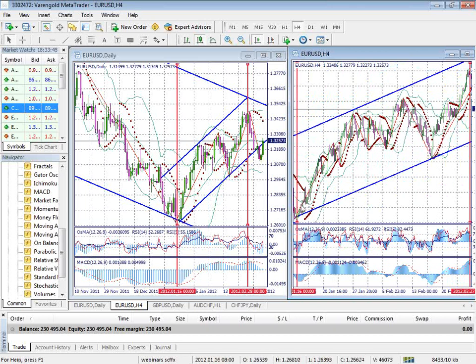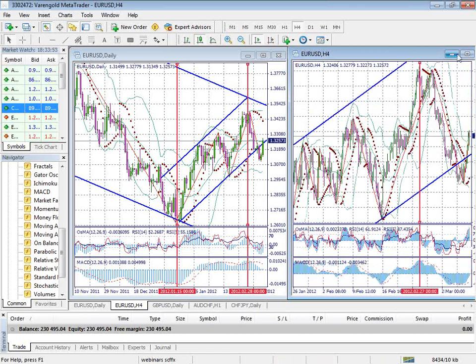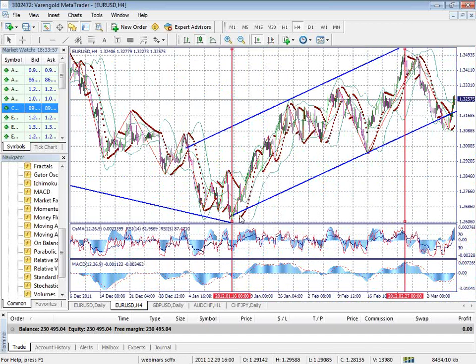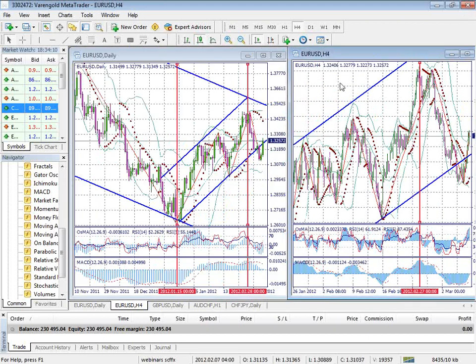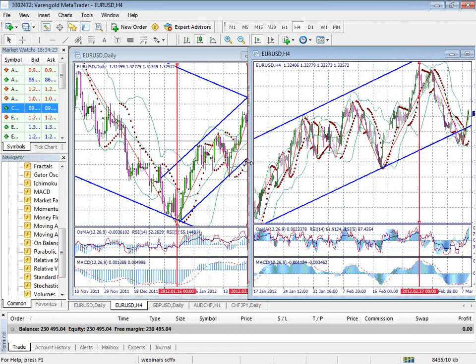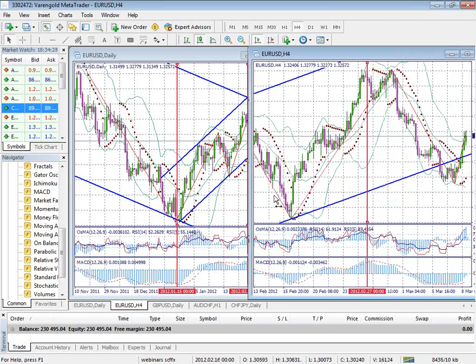So you can see that in the 4-hour chart, in the same period, we have not just one line, one reversal, we have different trends, and we have to analyze what is happening for each part of this. If we want to go into one position based on the 4-hour chart, we have to look for the signals that we have on the 4-hour chart.